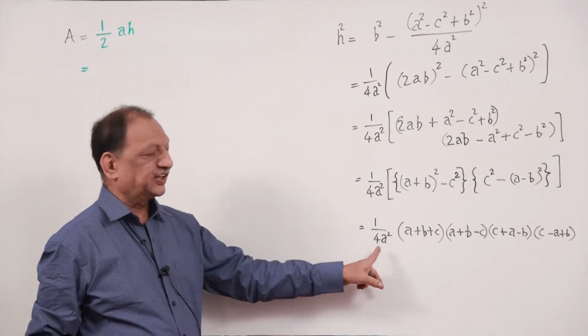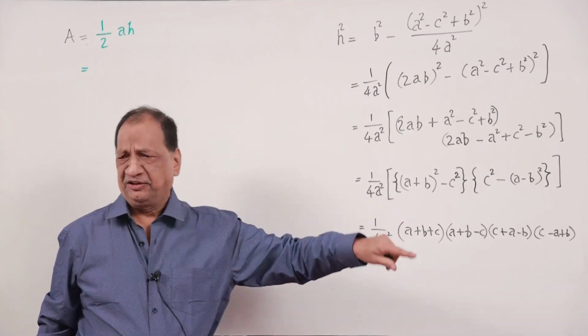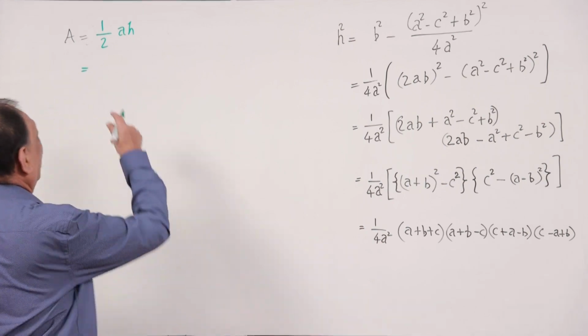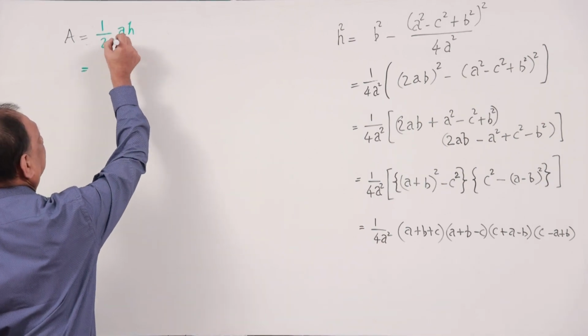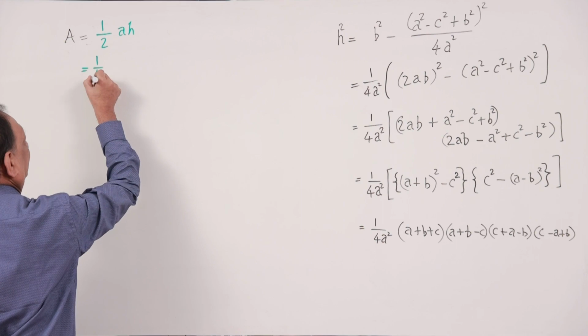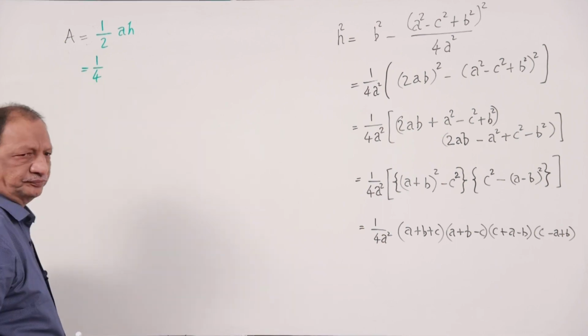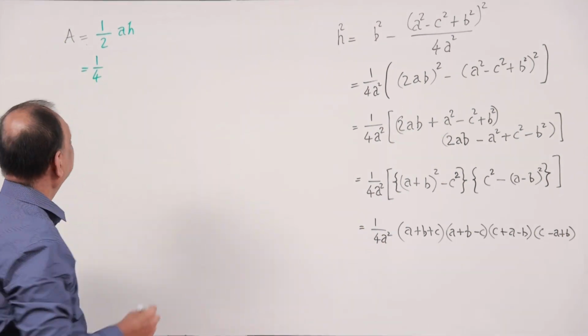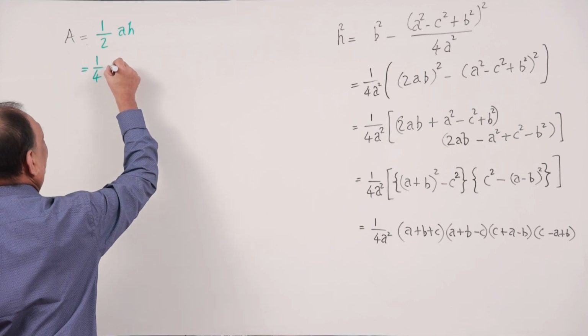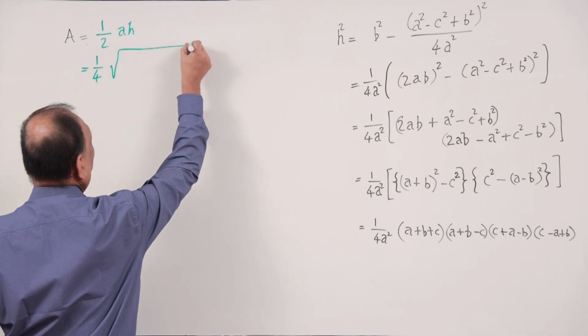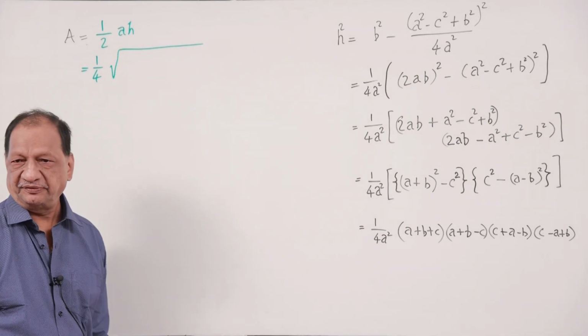That a will get cancelled with the 1 over 2a I got here for h, right? So when you multiply by 1 over 2a, I will get 1 over 4. a will get cancelled. Square root of the rest of it, which is in the square root, correct?